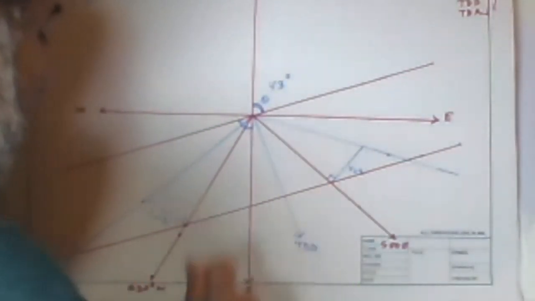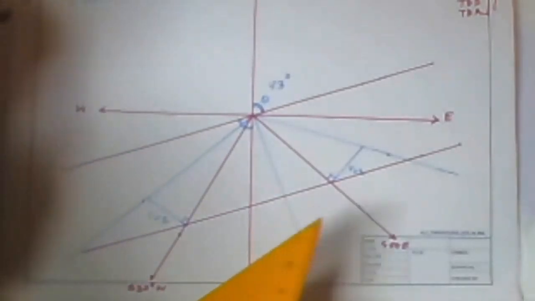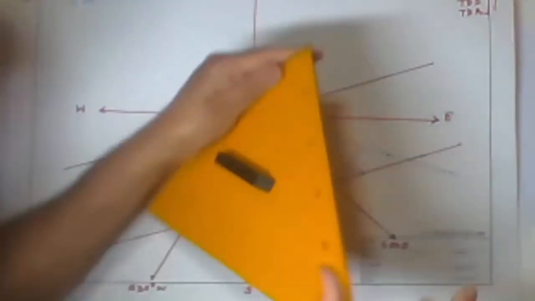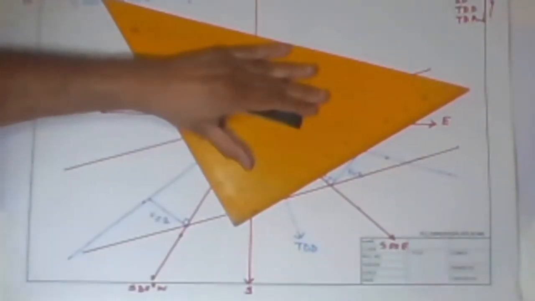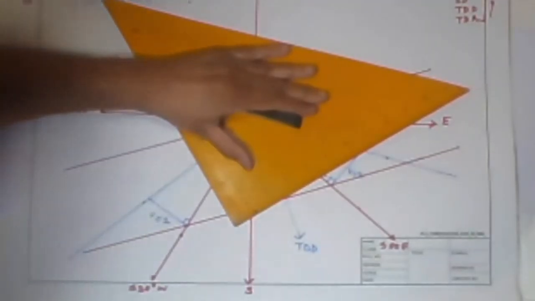Now from here again you have to take 2 centimeters and get the true dip amount. So perpendicular to this, 1 centimeter, 2 centimeters. You can take on that side, other side also you can measure. Now join these two.